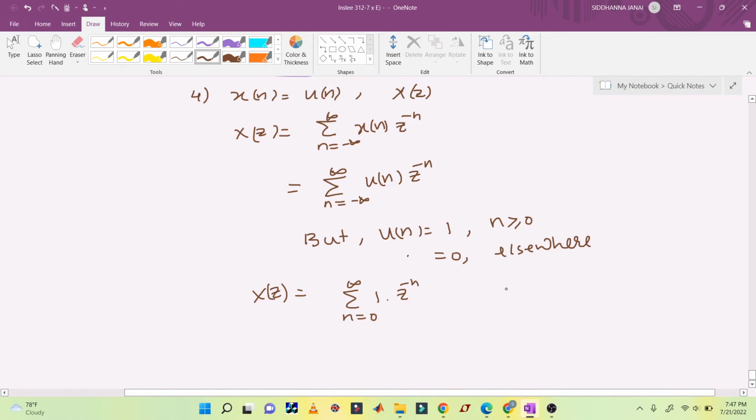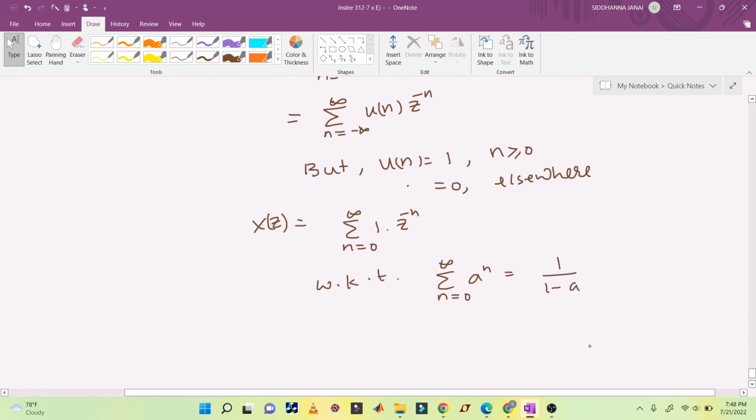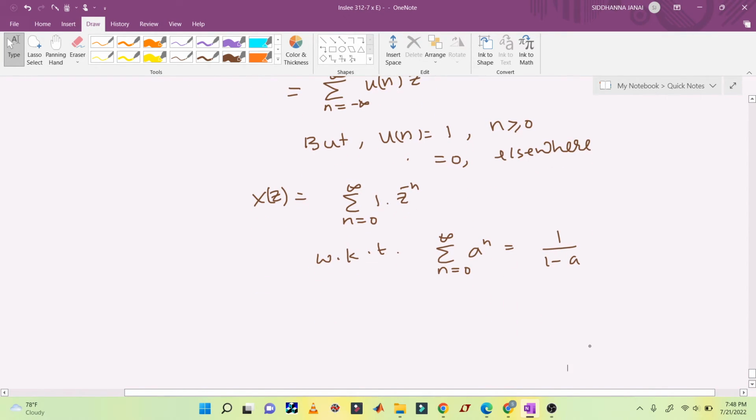We know that we have a standard equation for infinite summation n is equal to 0 to infinity a power n is equal to 1 divided by 1 minus a. So this is the equation we have.